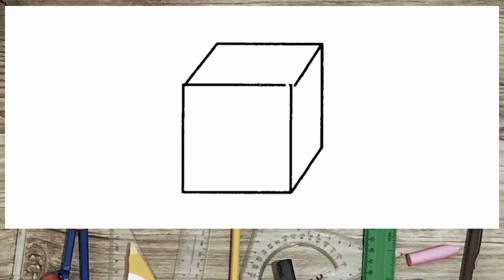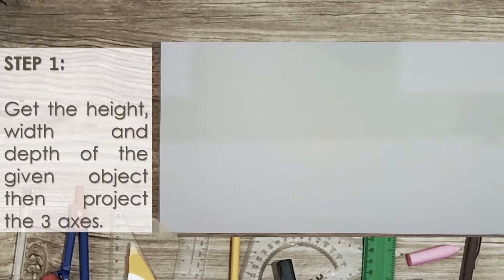For operation sheet number 2.1, for step number 1, get the height, width, and depth of the given object, then project the 3 axes. So since we have a cube measuring 3 centimeters, it means that the height, depth, and width will be the same.